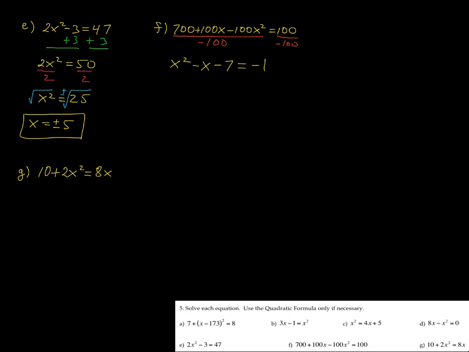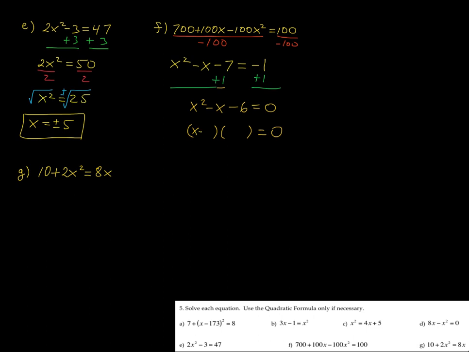So now I'm going to add the 1 to both sides. And we get x squared minus x, and this is negative 6 there, and that's 0, and this fortunately factors.